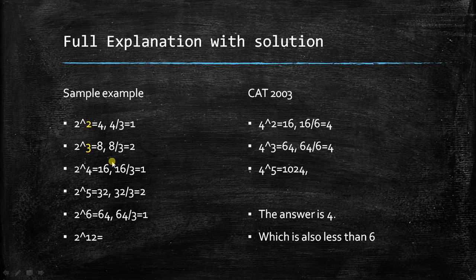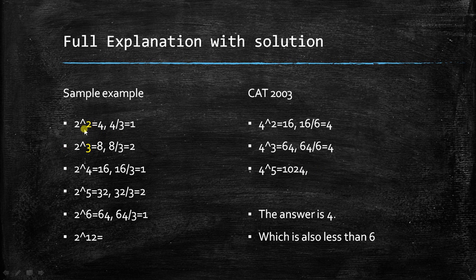So in such cases, we have to understand whether the answer is changing as per the odd or even number or not. If it is not changing, then it's okay.